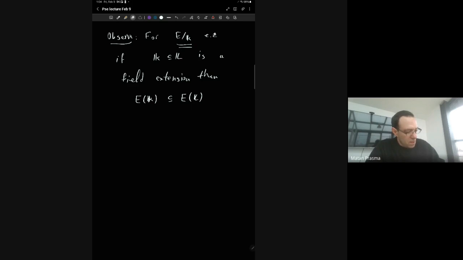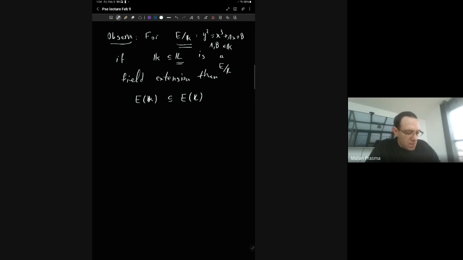So you can write y squared equals x cubed plus ax plus b with a and b in K. Of course, if it is defined over K, then for any field extension L, I can consider the same equation, but over the bigger field L. Formally, it's a different object.